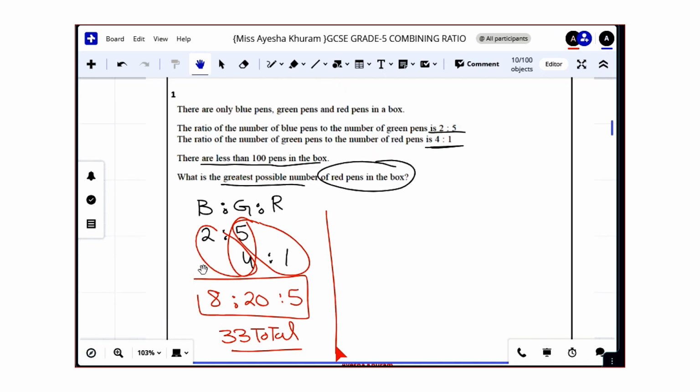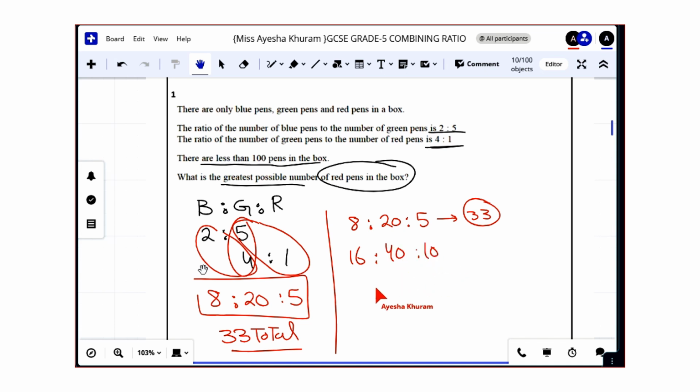Now I'm going to make different combinations, because I have to make a combination for red, so let's see how I can make it. 8 to 20 to 5 gives you 33. Let's make 16 to 40 to 10. Kids, don't be confused.